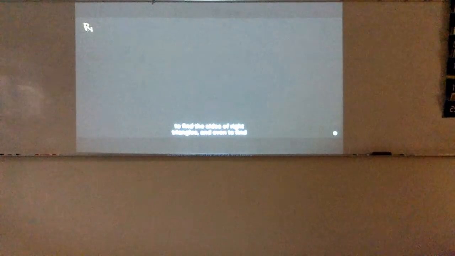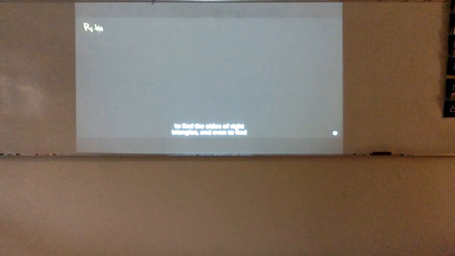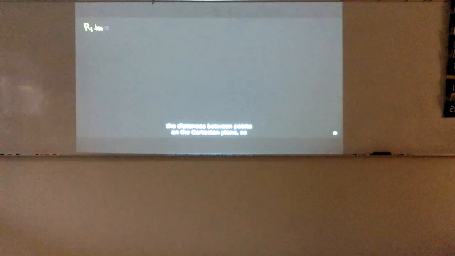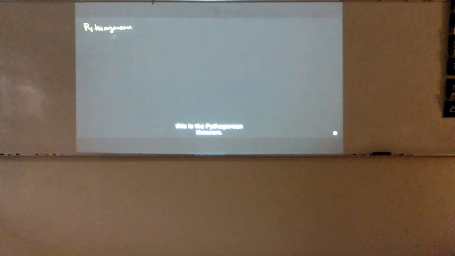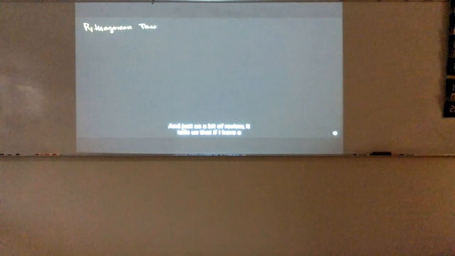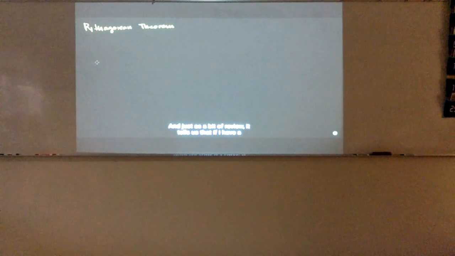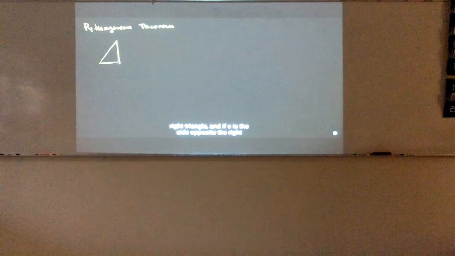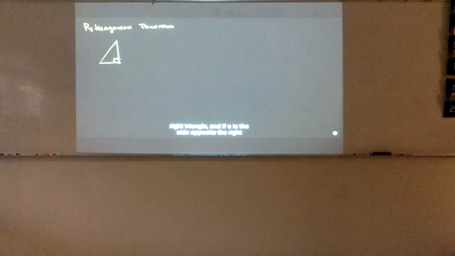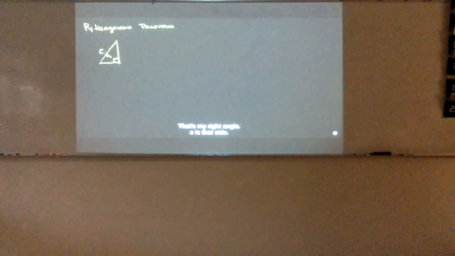We've already seen several videos where we wonder what the Pythagorean theorem is and how it can be applied to find the sides of right triangles and even to find the distances between points on the Cartesian plane. Just as a review, it tells us that if I have a right triangle, and C is the side opposite the right angle, that's my right angle, C is that side.